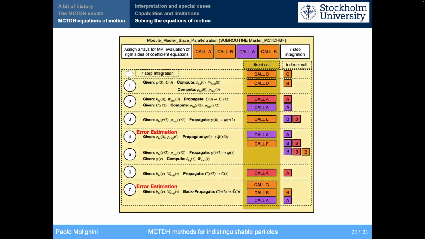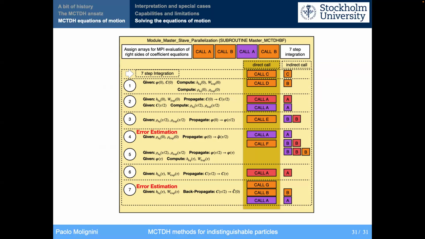To go back to the question that you asked, this is how the integrator is described in the code. There are 7 steps. The first step is, given your initial conditions or initial guess, to compute certain quantities, in this case the one body and two body parts of your Hamiltonian, and then compute the one body and two body density matrices.